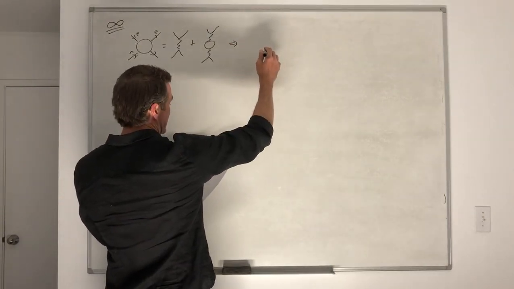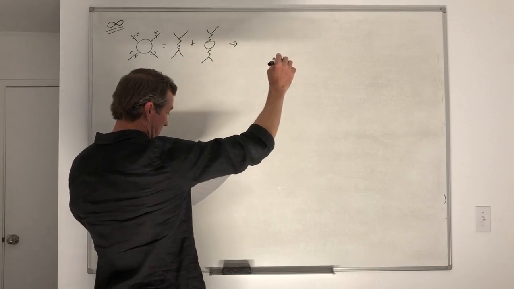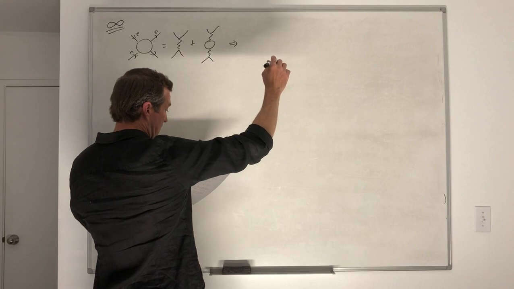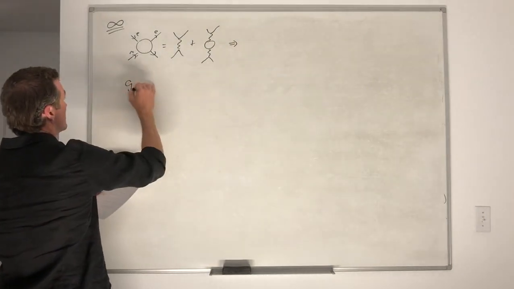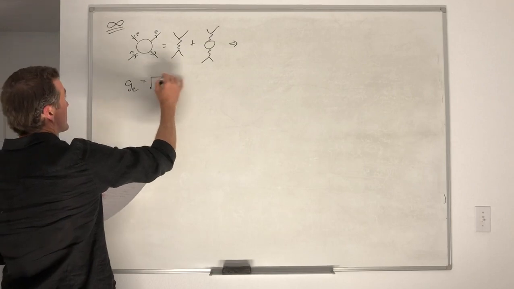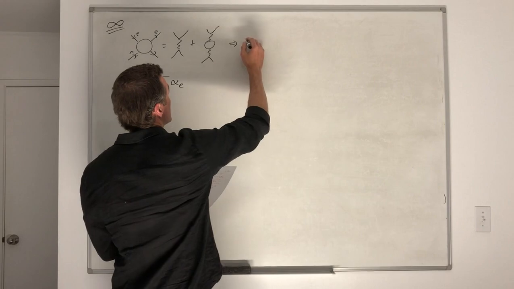And last time we said that, let me see, alpha squared. Yeah, I'm going to write this in terms of alpha. So g_e is the square root of 4 pi times alpha_e. So I'm going to write this in terms of alpha instead of g_e.